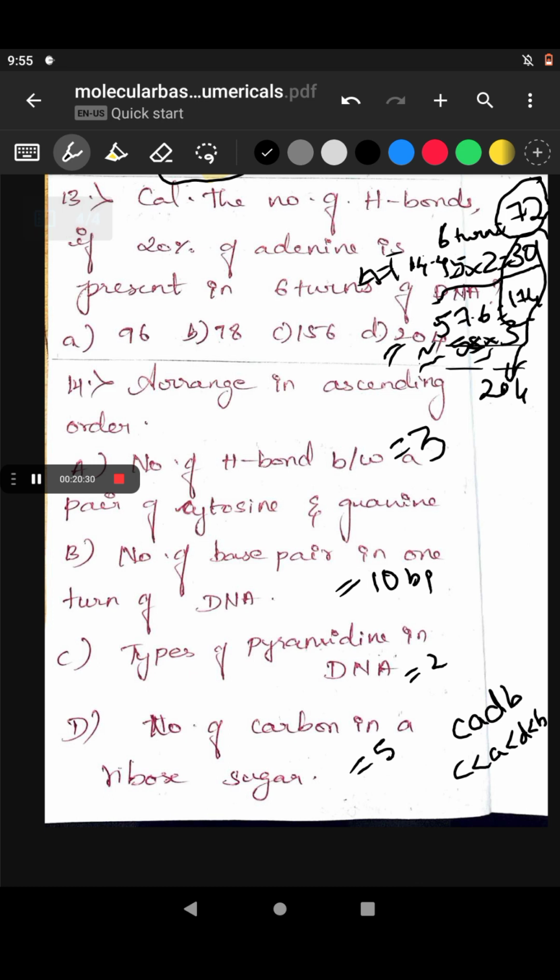Based on this, ascending order always means you should remember the steps from lower to higher. You are climbing up, so from lowest to highest you have to go.